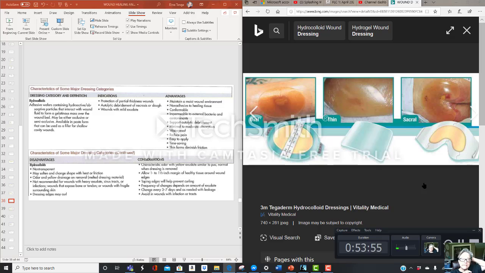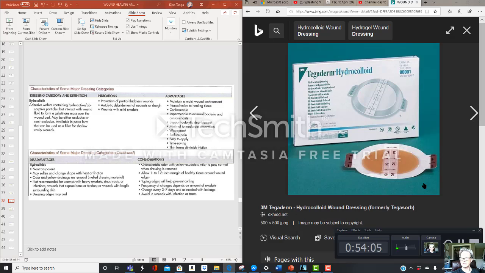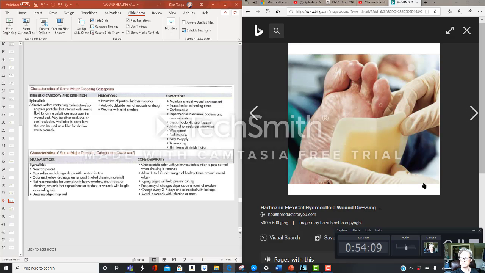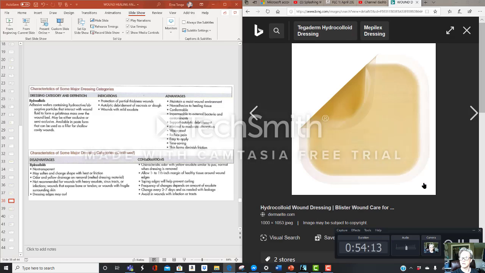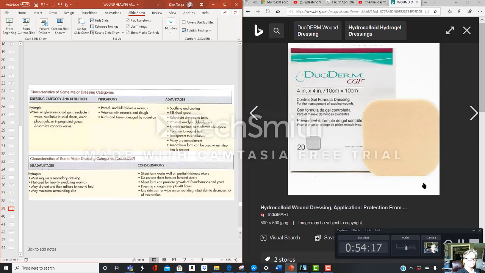So if you have any tunneling, that's not going to work. There's a thin one. Thin forms diminish friction. Yep, I've seen that one before. Okay, so let's go to the next one.